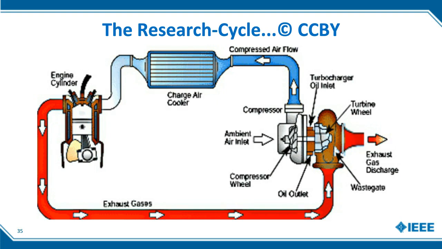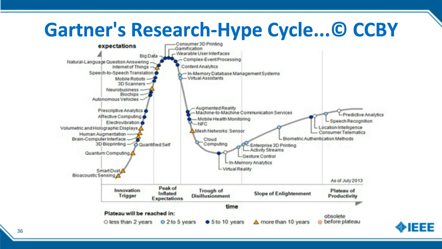Now, again, in a longer talk, I would probably elaborate on this in more detail, but given the limited time we have here today, I just move on and say a few words still about this research hype cycle based on Gartner's vision, and really we all come from under the umbrella of the IEEE.